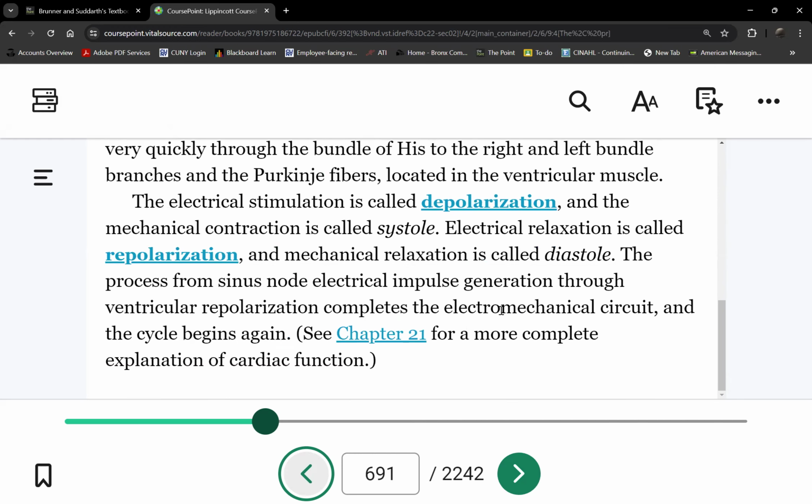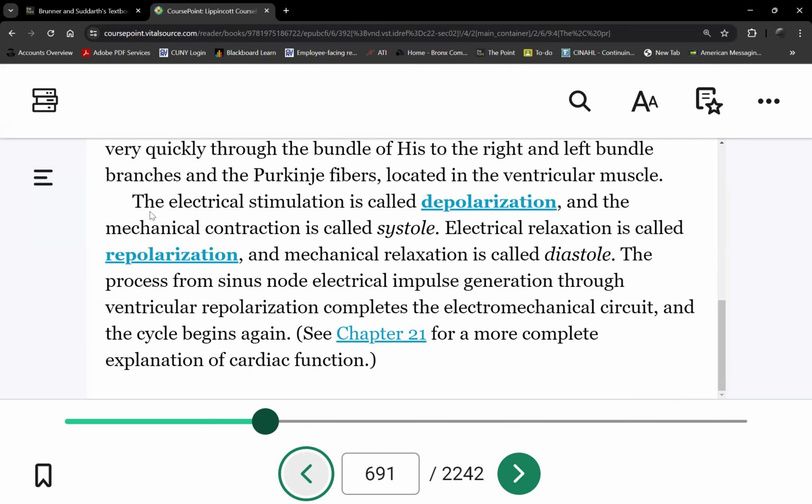A few terms we need to learn here are depolarization and repolarization. Depolarization is synonymous with contraction. When the atria and the ventricles contract, the technical term is atrial or ventricular depolarization, whereas repolarization is relaxation of the atria and the ventricles.